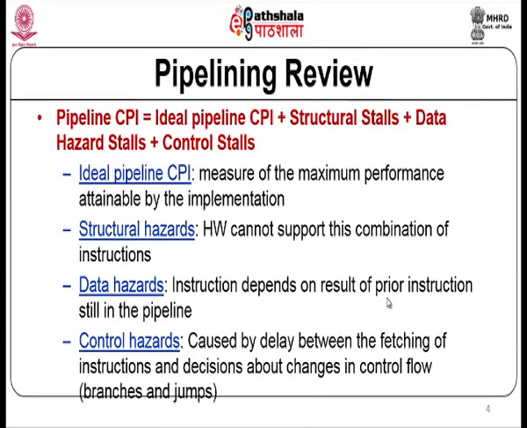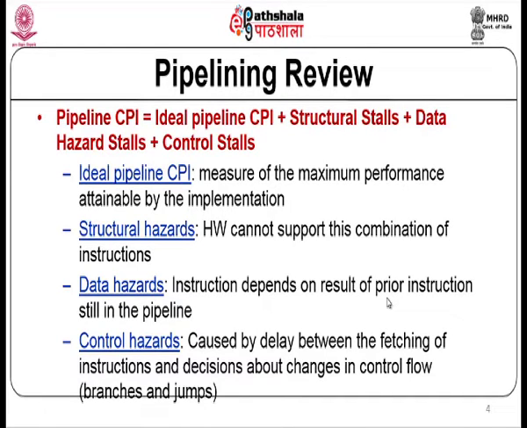But you definitely have other stalls coming into the pipeline because of different types of hazards. You might have structural hazards, data hazards, and control hazards. Structural hazards occur in the pipeline because of not having enough duplication of resources. You don't have enough functional units to support different combinations of instructions.